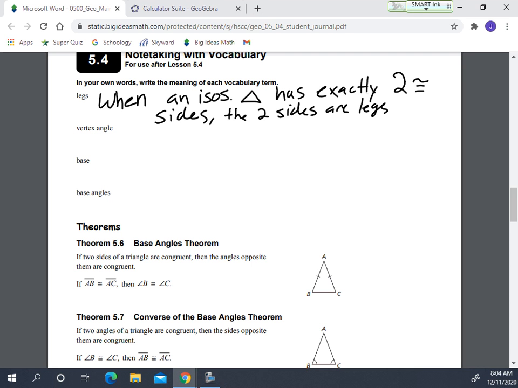Okay, for an example, if I drew a big triangle here, and I know that this side is congruent to this side, those are our legs. Leg, leg.